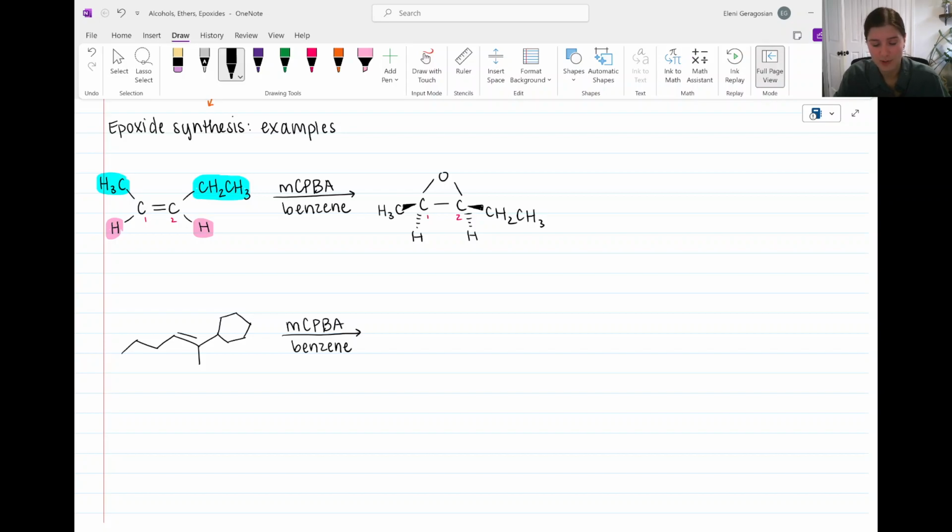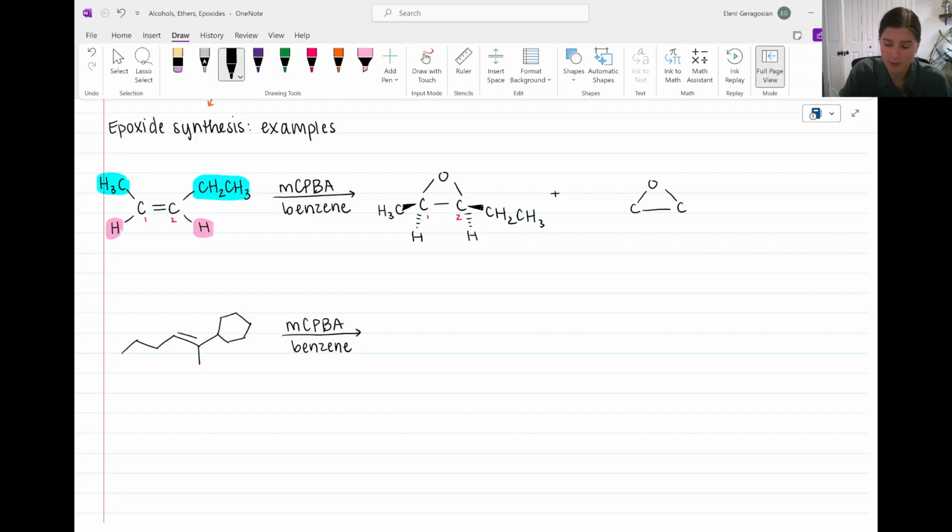This product is formed. The enantiomer is also formed. The enantiomer has the same connectivity, but any stereocenter that's an R becomes S, and any stereocenter that's an S becomes R. When we're drawing the molecules, what that means is that any wedge bond becomes a dash, and any dash bond becomes a wedge.